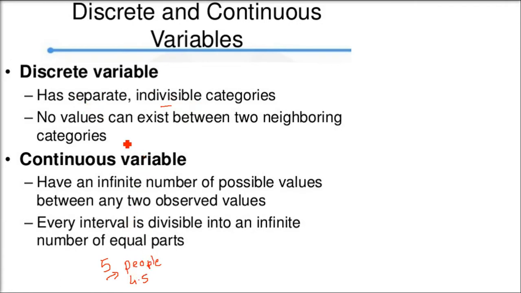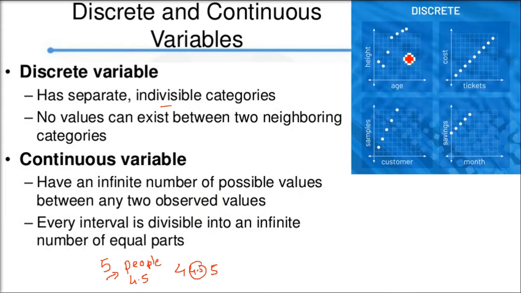You can define a single person. There will not be an intermediary. Say if 4 people are at the house, one has gone outside. You cannot say 4.5 are here, 0.5 has gone outside. No. Discrete variable, discrete graph.